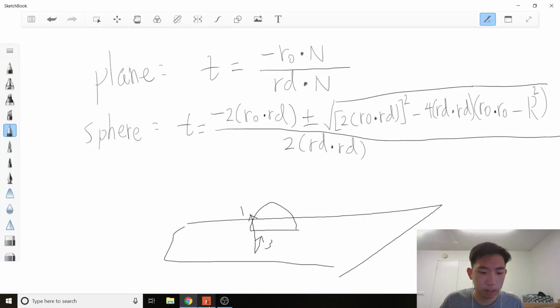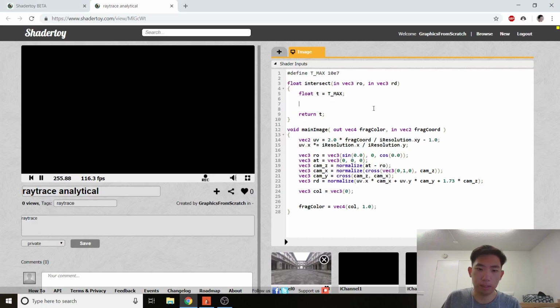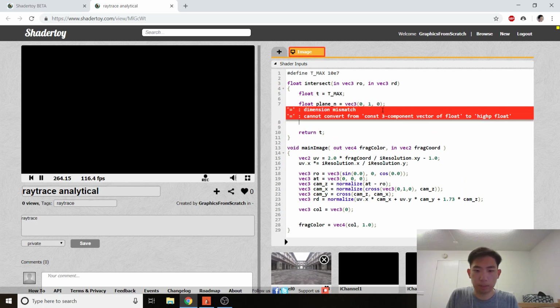Alright, so look at the plane equation. The plane equation is very simple. It's just t equals negative ray origin dot normal over ray direction dot normal. Remember what I said about the denominator, I have to be careful with that. So let's first define the plane normal, which is the characteristic that we require for the intersection.